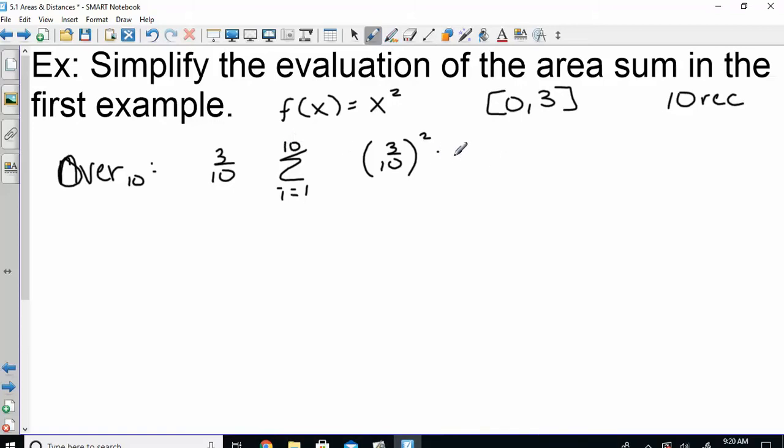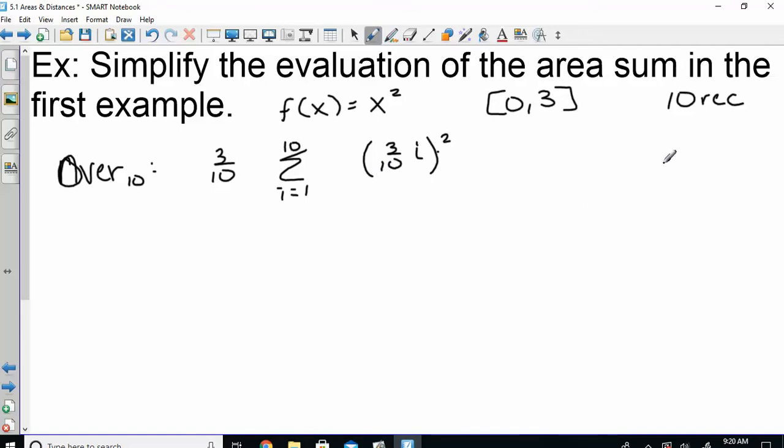So essentially, you have to do 3/10 times i squared. So 3/10 times 1 is 3/10. 3/10 times 2 was 6/10. 3/10 times 3 would be 9/10. Would that give us the numbers we had in there?